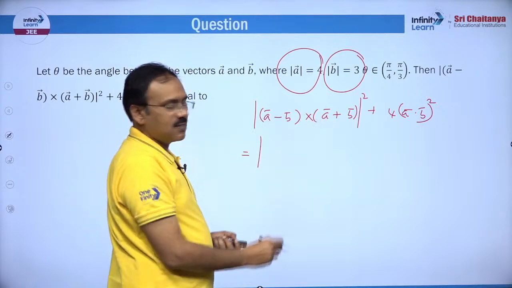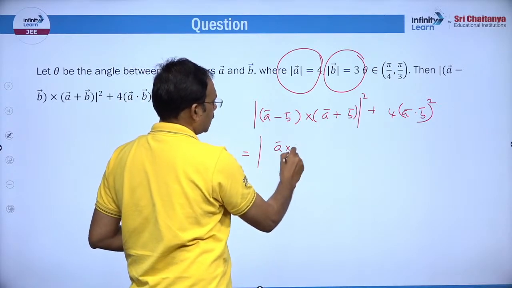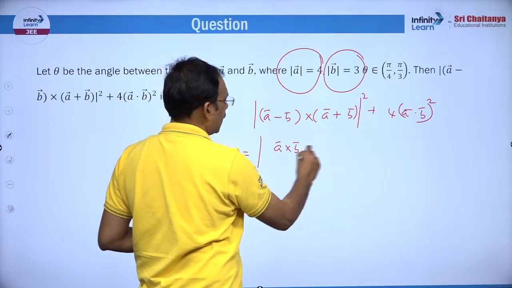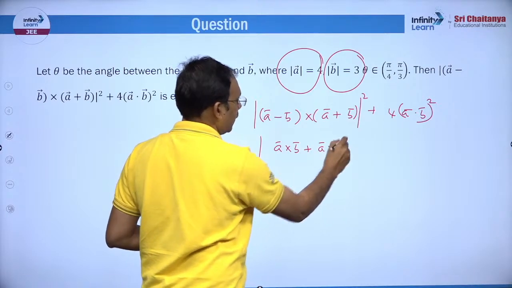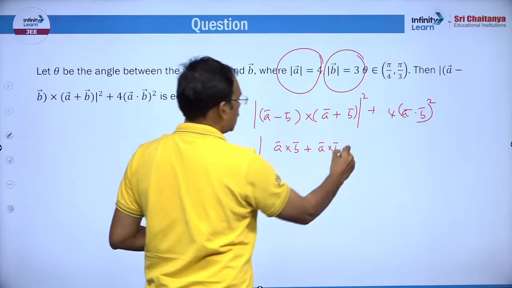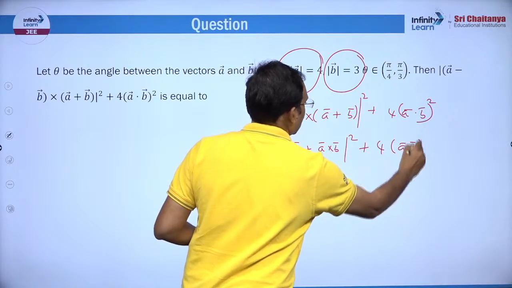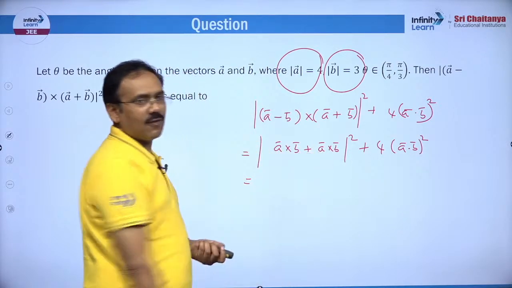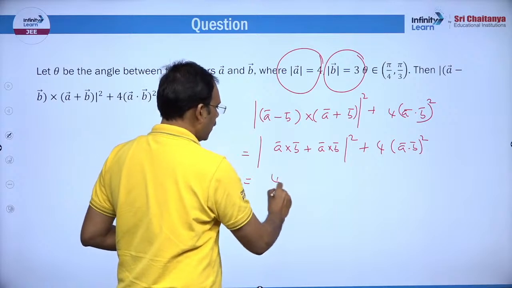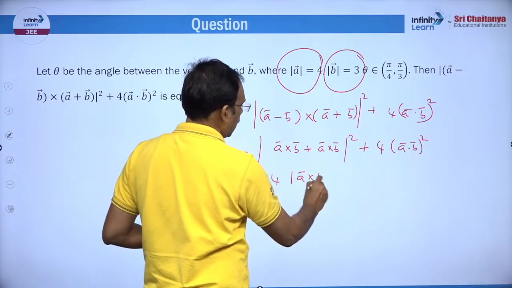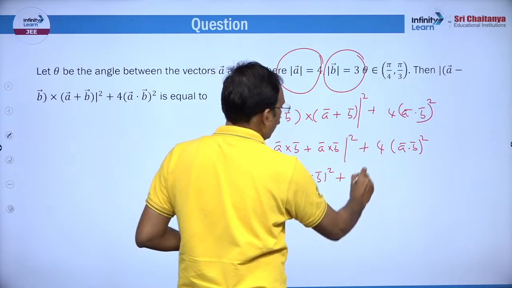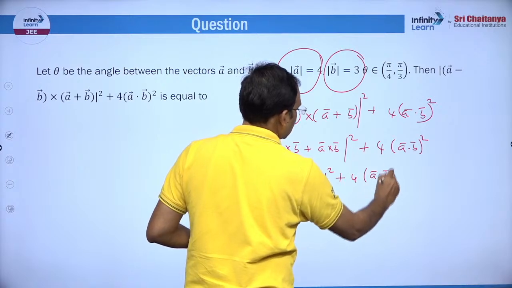A cross A is 0, so you will get A cross B minus B cross A will become another A cross B with plus. So this is 0 square plus 4 into (A bar dot B bar) square. So this is twice of A cross B, 4 into magnitude of (A cross B) square plus 4 into (A bar dot B bar) square.